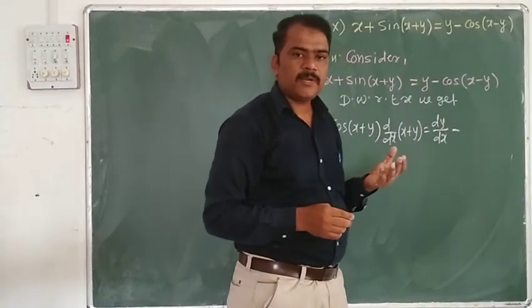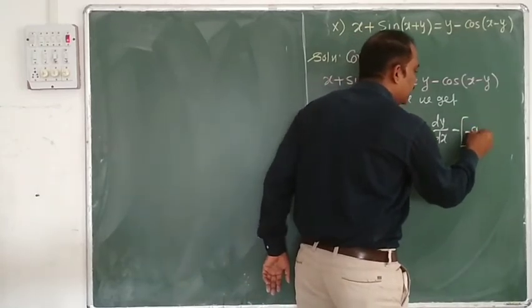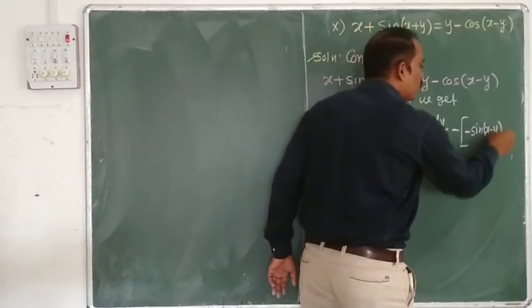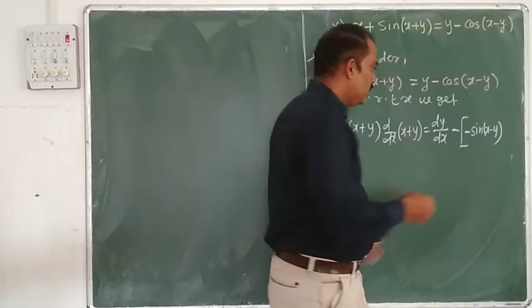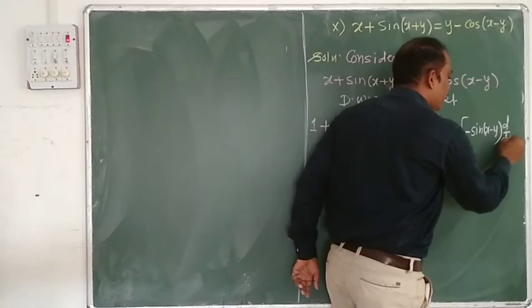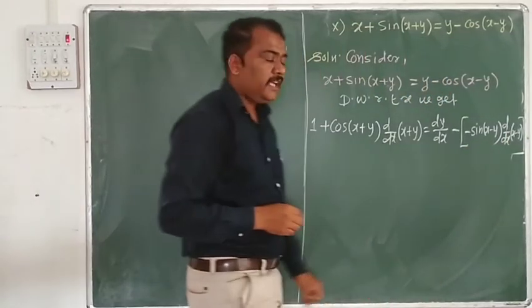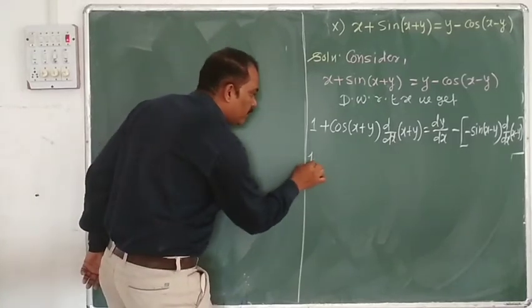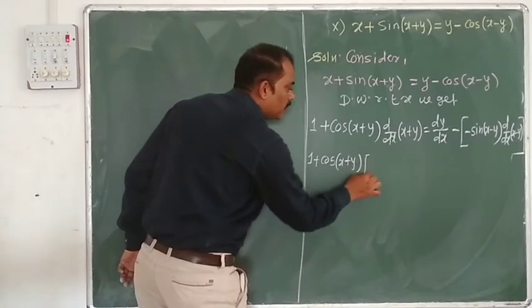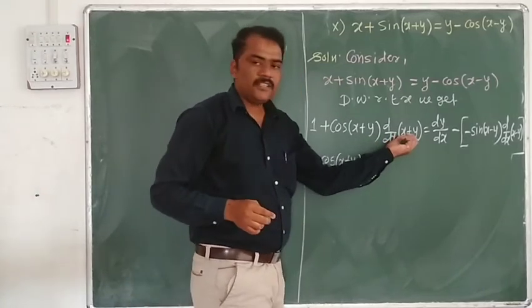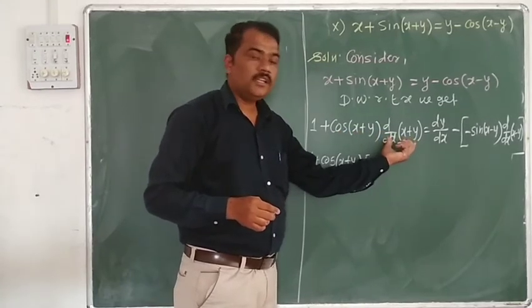Minus, what is the derivative of cos? Derivative of cos is nothing but minus sine. So minus into bracket minus sine of x minus y into the derivative of this x minus y with respect to x, that is d/dx of x minus y. Now 1 plus cos of x plus y into x plus y, so we can write this in a bracket, because cos of x plus y is multiplied to this whole bracket.